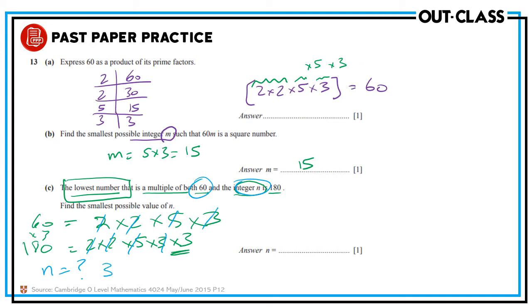So we definitely need a 3, but for this to be a multiple, you also need another 3. And why is that? Because if one 3 is already a factor here, it can appear twice, right? For example, if the answer for n was just 3, then the common multiple of 3 and 60 would just be 60 and not 180.